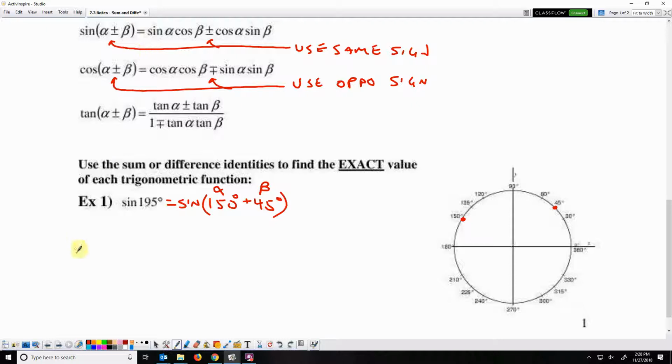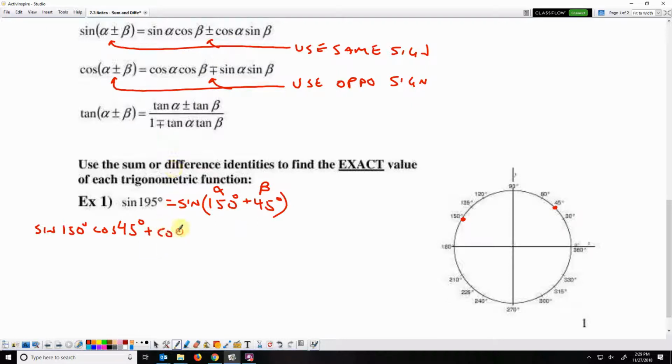is sine alpha, so that's sine 150, times cosine beta, so that's cosine 45, plus. There's a plus here, plus or minus, use the same sign, so I'm going to use that plus.